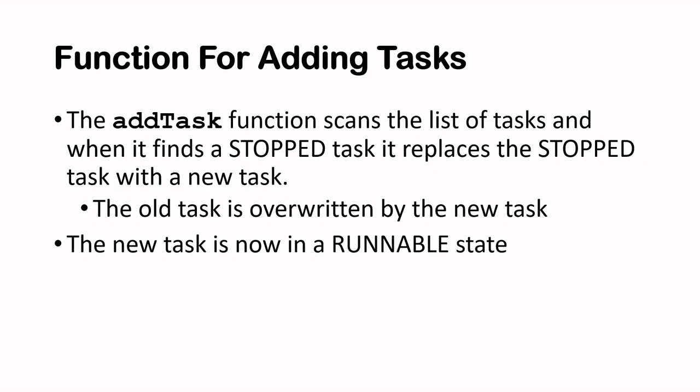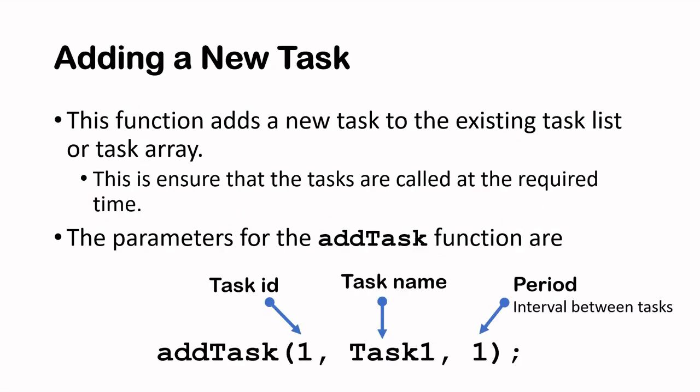Function for adding task. Now the add task function basically scans the list of tasks, and when it finds a stopped task, it replaces the stopped task with a new task. Basically, the old task will be overwritten by the new task. The new task is set to be now in a runnable state or ready to run state.